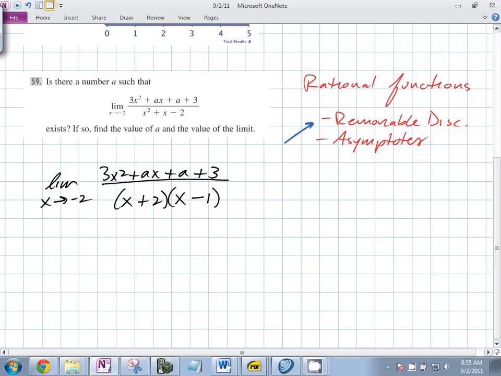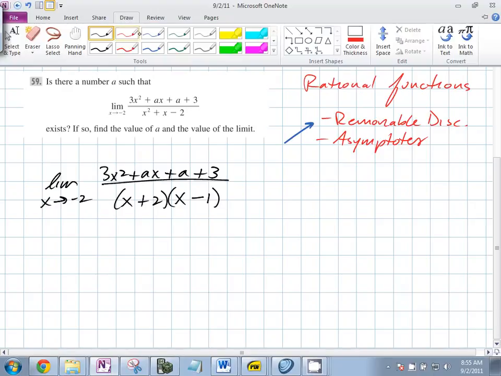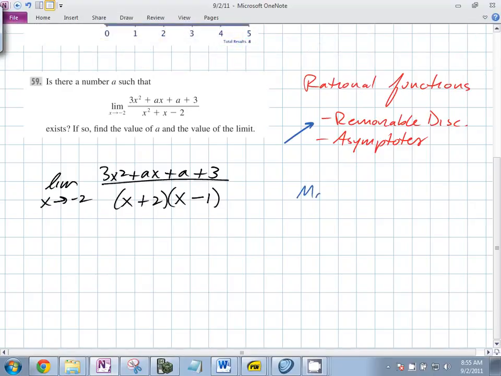We want to make it so there is a removable discontinuity at x equals -2. So when we say removable discontinuity at x equals -2, what do we want to cancel out? The x plus 2. An x plus 2 at the top. So if x plus 2 is going to be on the top, it needs to be a factor of 3x squared plus ax plus a plus 3.